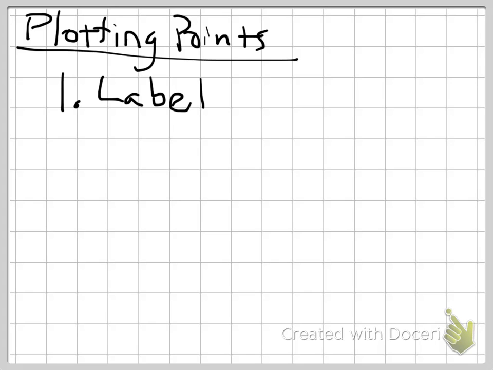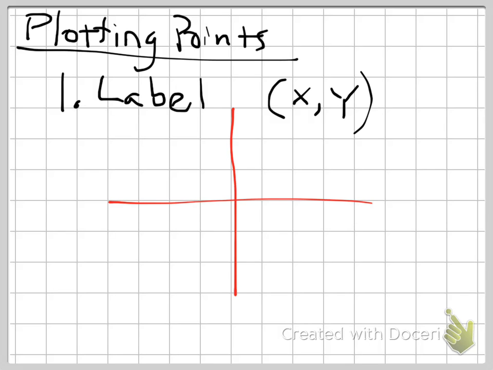The first is I need to look at my ordered pairs, my ordered X and Y pairs, and see what numbers I have for both my X and my Y column. A lot of times I see people make grids that look like this, and we'll label it 1, 2, 3, 4, 5, 6, and we'll label our negatives.